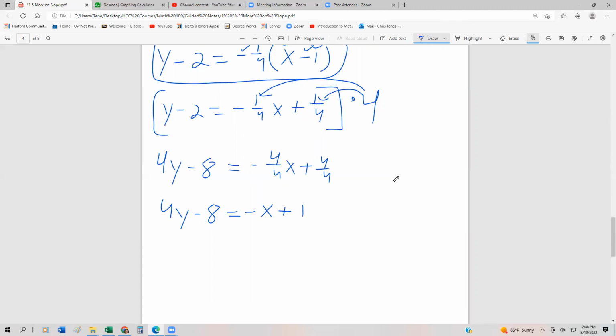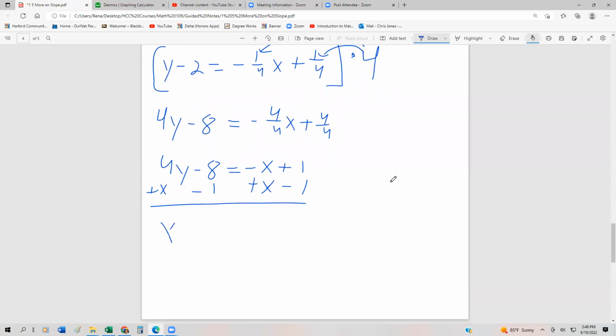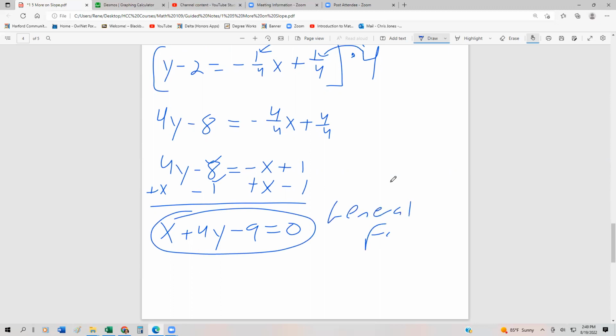And then finally, we can add x and we can subtract 1 from both sides. We know that x and y are unlike terms, so we have x plus 4y minus 9 is equal to 0, because these are like terms. And by the way, this is our general form. All right, so that's our answer.